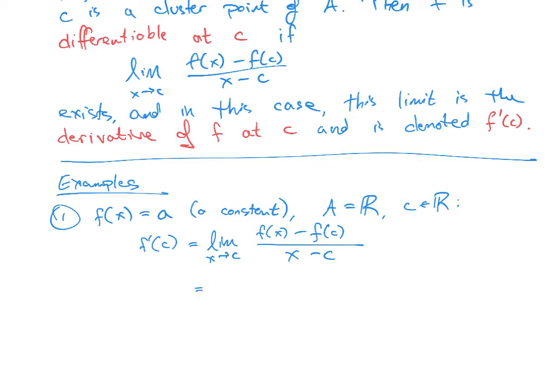That is the limit as x goes to c of a minus a over x minus c. And what is that limit? Zero. Yeah. 0.